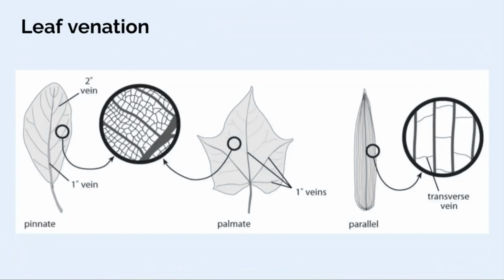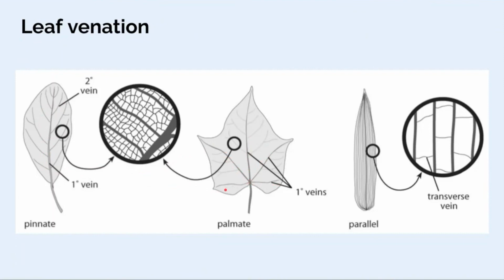Leaf venation, three big kinds of leaf venation: pinnate, palmate, and parallel. Pinnate is like a feather, so it's got these secondary veins coming out along the midvein. Palmate has its main veins all tracing back to the base of the blade. Here we've got like 5 main veins that are all tracing back to that same origin spot.